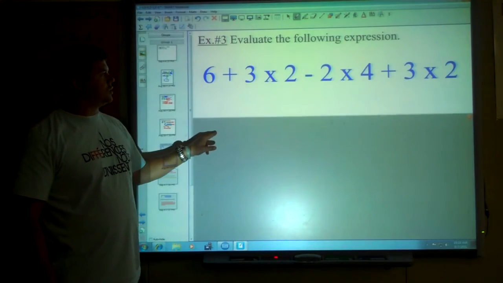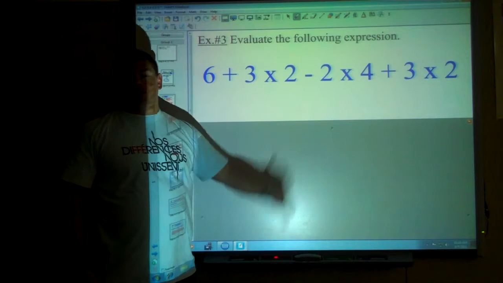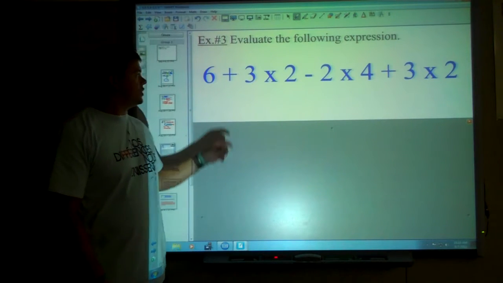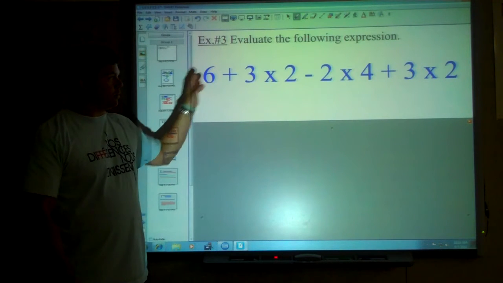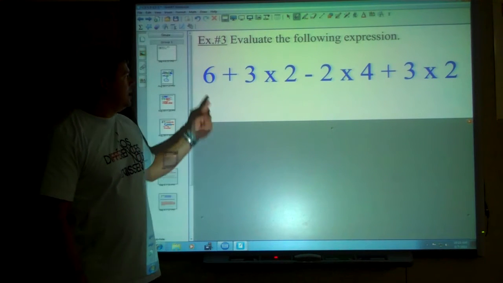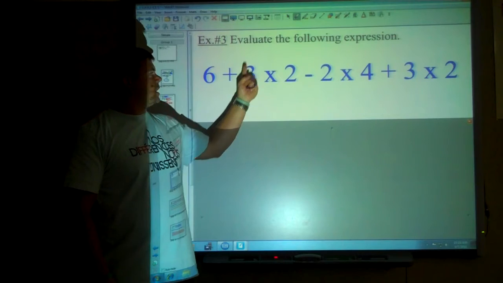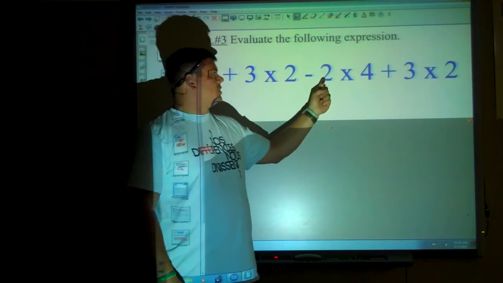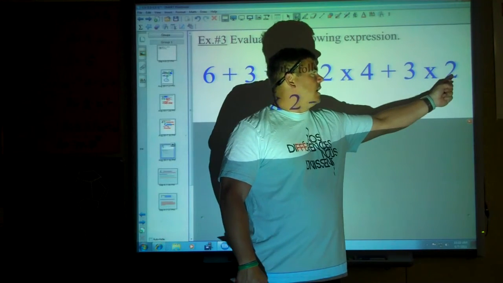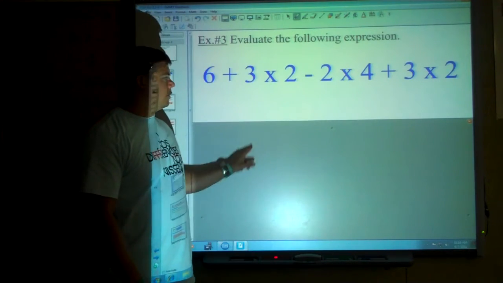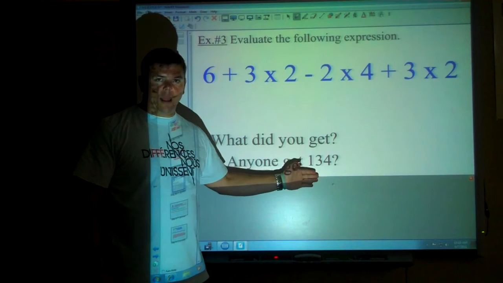Now, if you were to take this expression, it's possible that if you're not following what we call the order of operations, you could get a whole bunch of different answers. What typically happens on a problem like this, the mistake that's made, is someone goes 6 plus 3 is 9, times 2 is 18, minus 2 is 16, times 4 is 64, plus 3 is 67, and times 2 ends up with 134, which would be incorrect.